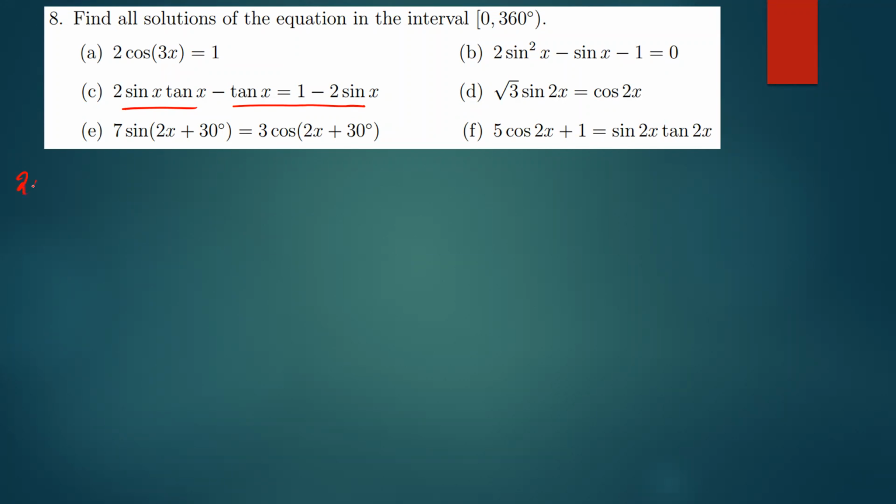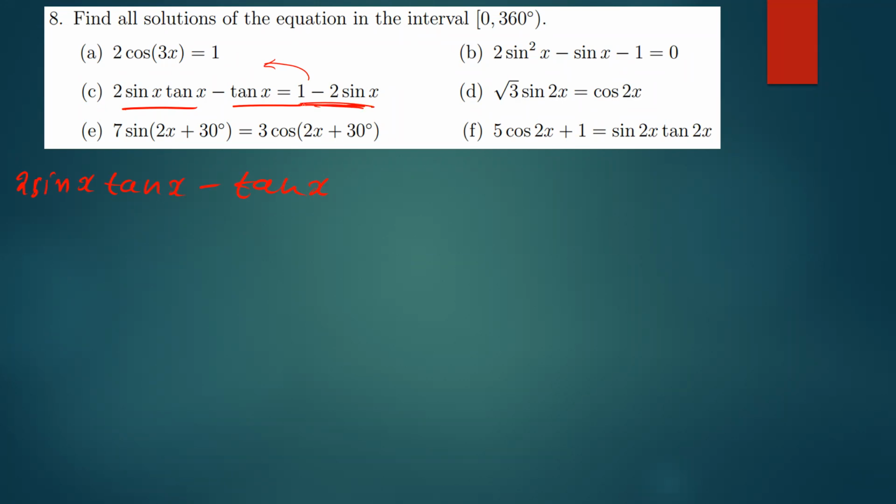We have two sine x tan x minus tan x. And then when this one crosses the equal sign, let me just leave it this side.